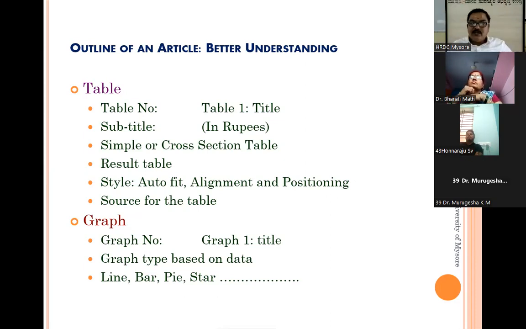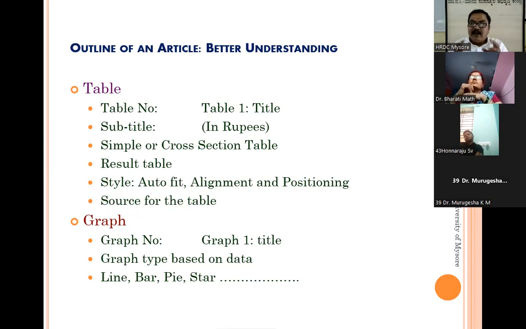The table has to match from both the crosses. Sometimes you can present the results you have taken from your software directly in that table, but that is not the appropriate way of presenting the tables. As much as possible, there are standard styles.